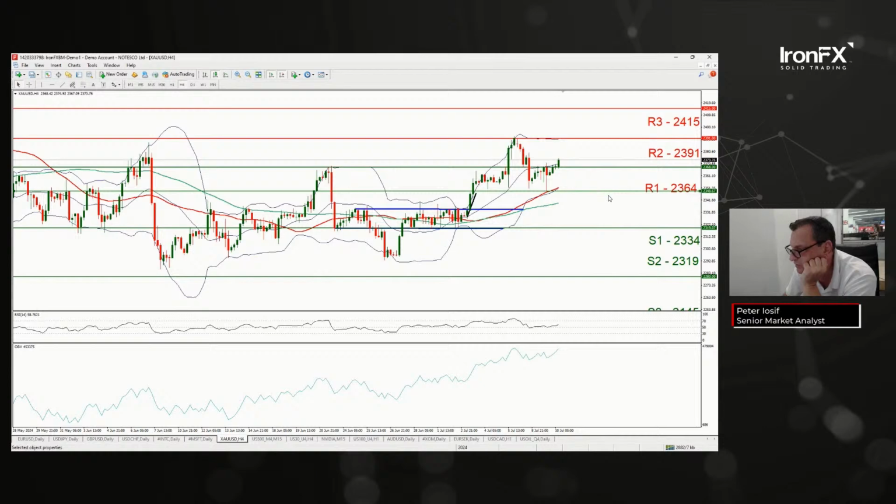So that would be the 2350. Let's have a look whether that stands or not. Yep, that keeps. And the final support line, pretty wide. In my opinion, that would be 2319. Could be rounded up to 2320.